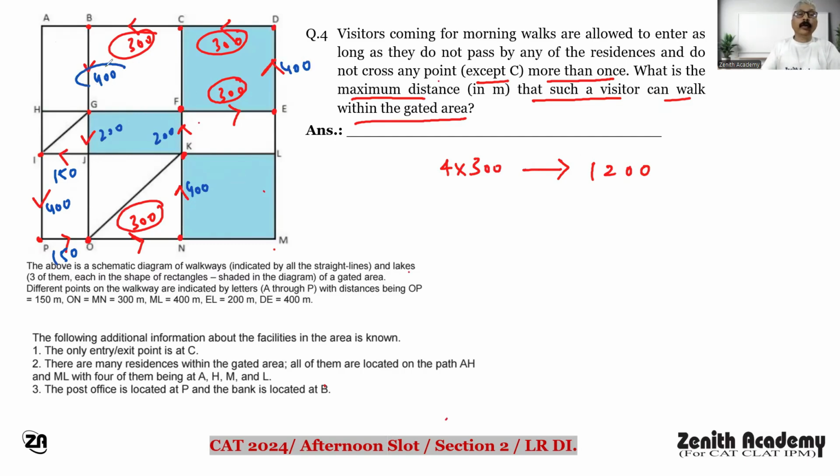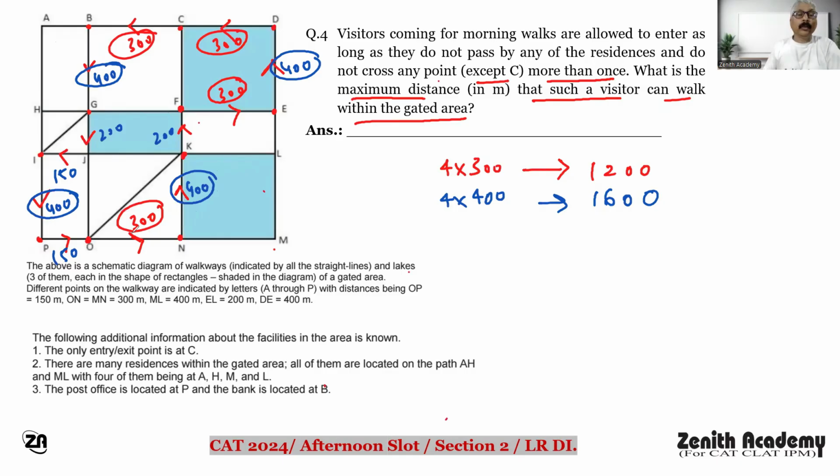Okay, so 1 400, 2 400, 3 400, and 50. So 1, 2, 3, 4 means 4 into 400, 16.